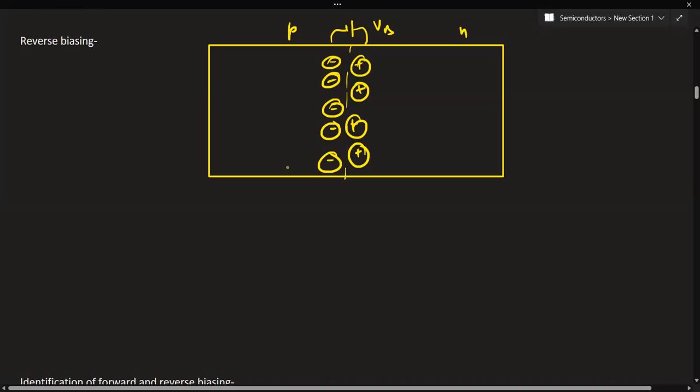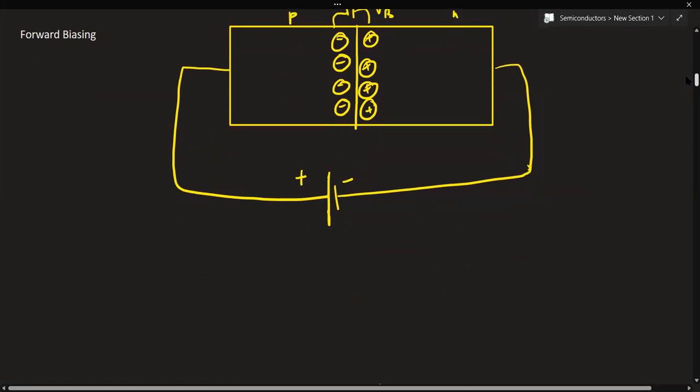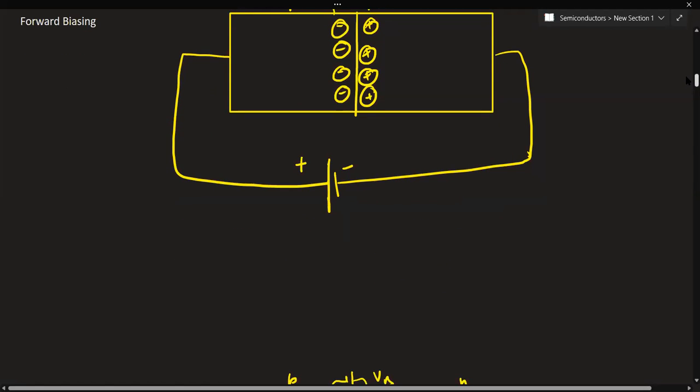Now see, regarding reverse biasing, if the positive terminal of the battery is connected to the N side and the P part is connected to the negative side, this is the reverse biasing. This is the major difference between forward and reverse biasing. In case of forward biasing, the positive terminal of the battery is connected to the P side and the negative terminal to the N side, then the PN junction is said to be forward biased.